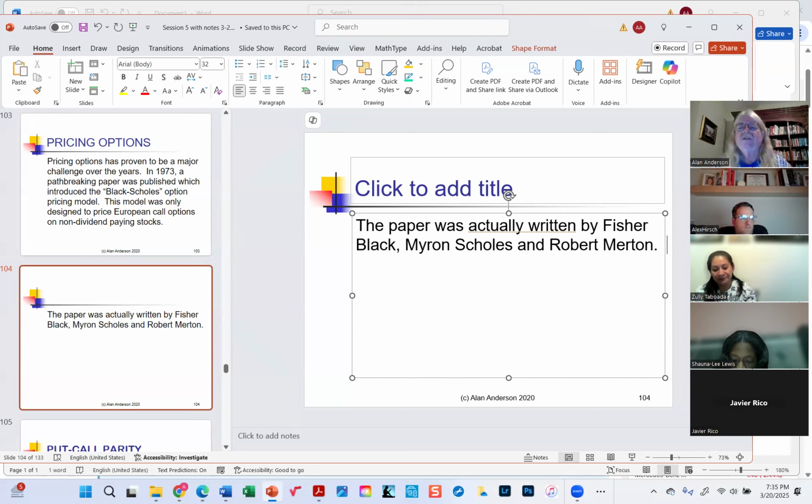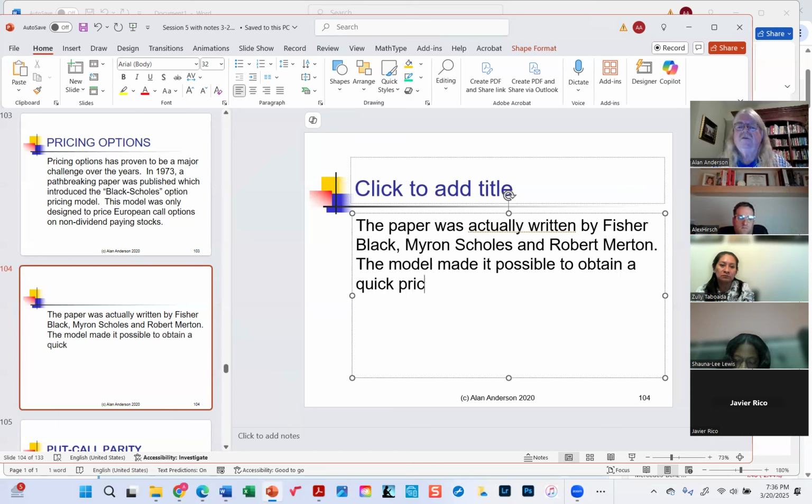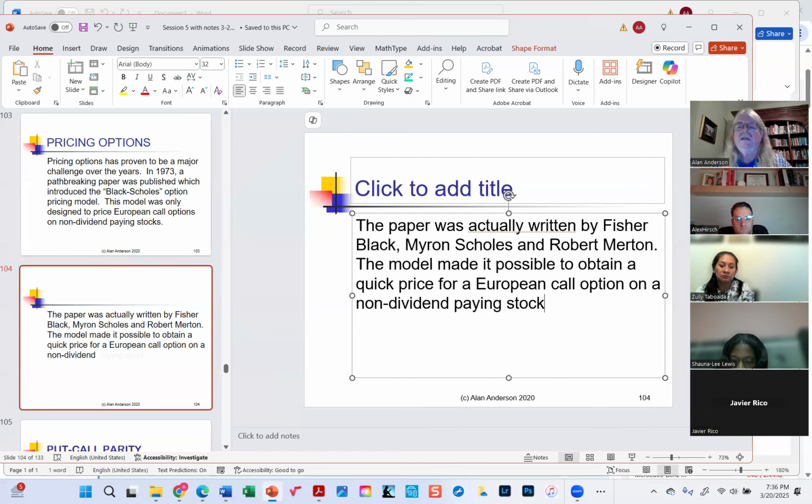But anyway, here's the thing. The model made it possible to obtain a quick price for a European call option on a non-dividend paying stock, as I just said. Now it turns out that this framework is not suited for American options.